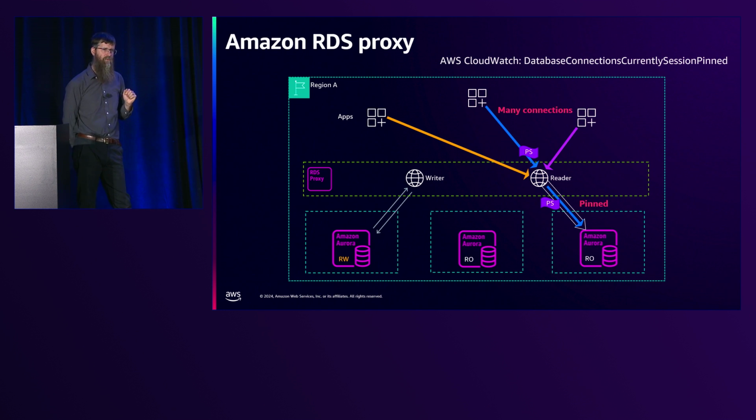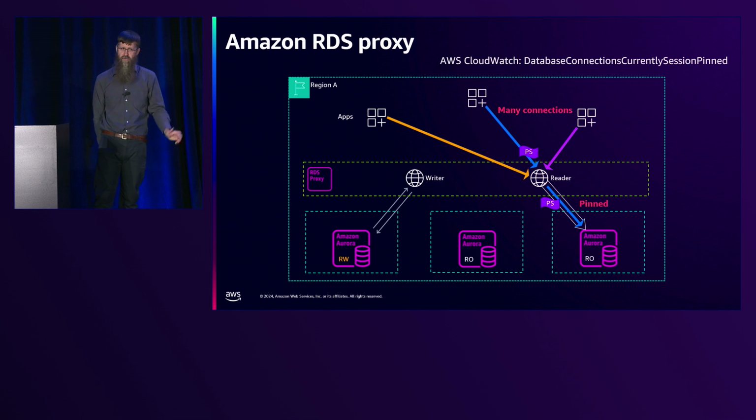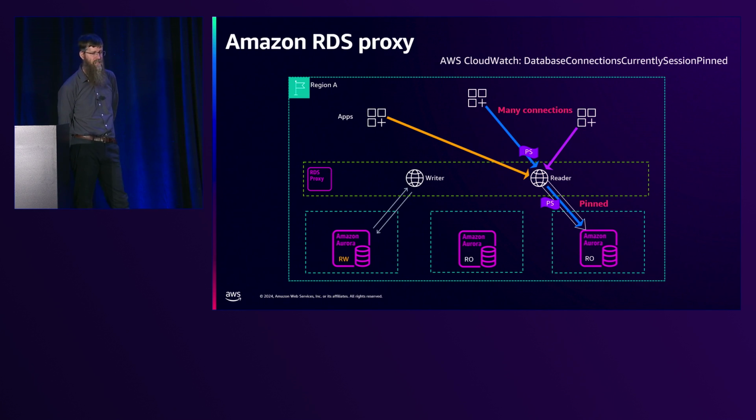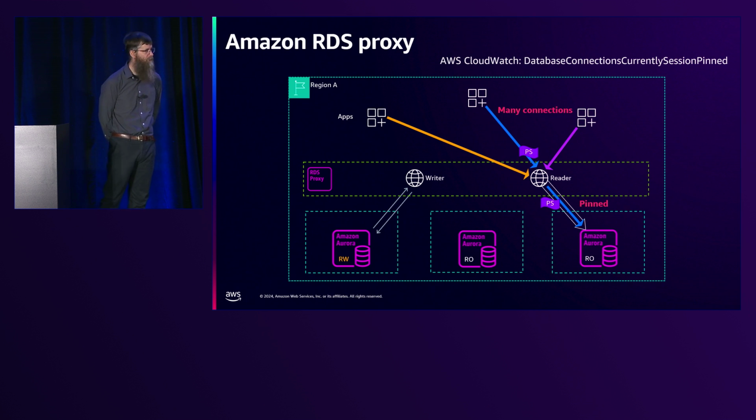It's mutated its internal state. Maybe it's done some locking functions, maybe it's called a prepared statement, called a stored procedure, a few other things. It's made it pinned. If you're worried about what's going on with pinning or you're looking for some visibility, we can see that CloudWatch metric up the top there that tells us how much is going on. It's in your best interest to avoid pinning as much as you can by telling your application to avoid doing these things too much, okay?